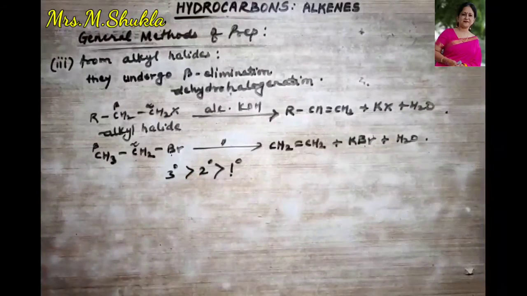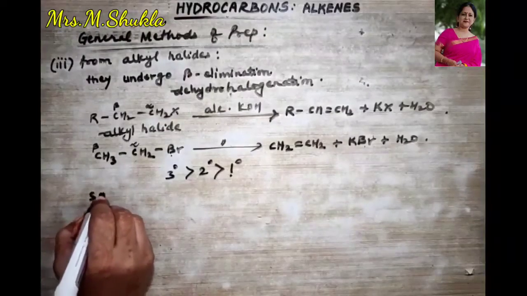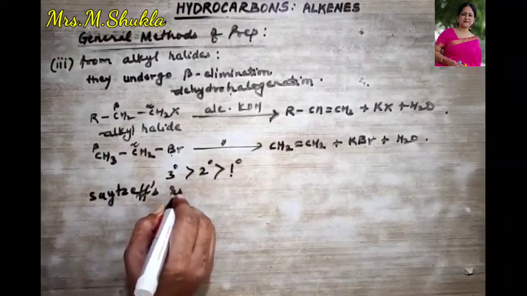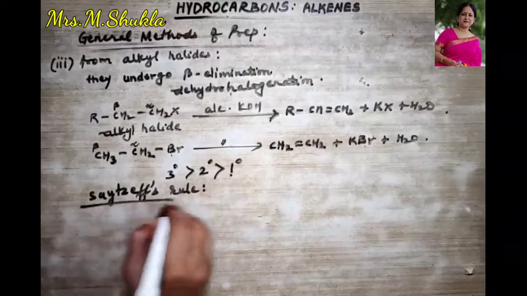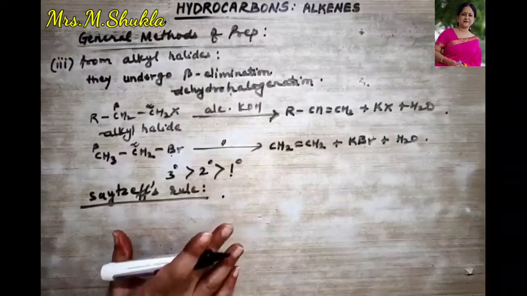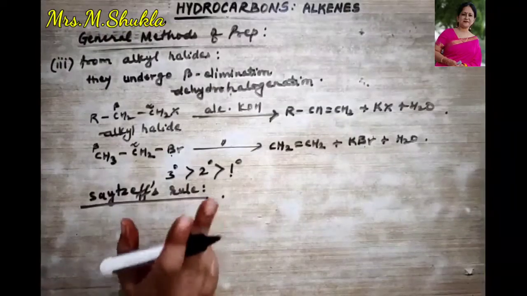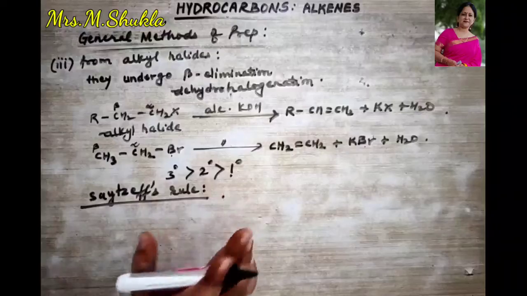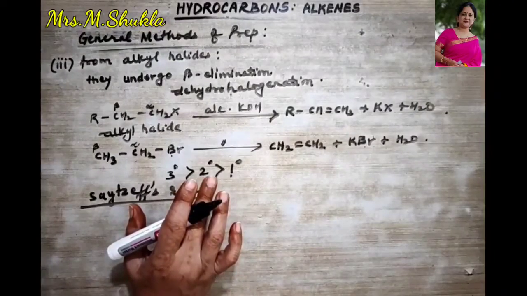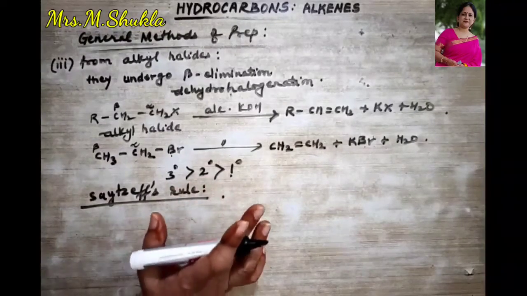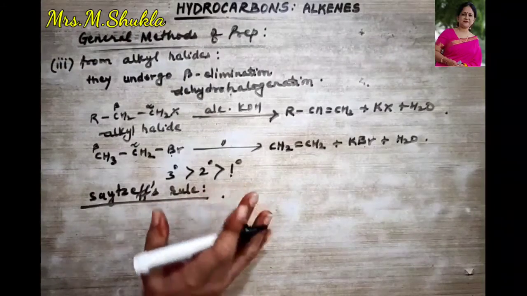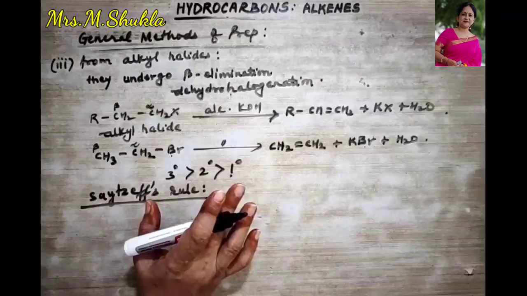Okay. Now understand over here the Saytzeff rule as well. This is important. So according to this rule, the highly substituted alkene, that is the alkene having less number of hydrogen atoms on the double bond carbons, predominates due to its greater stability. What did I say?